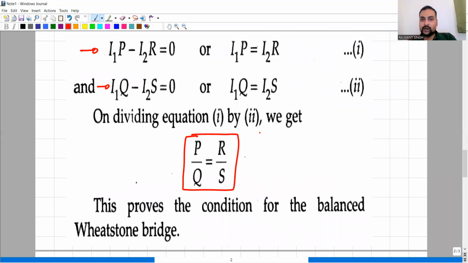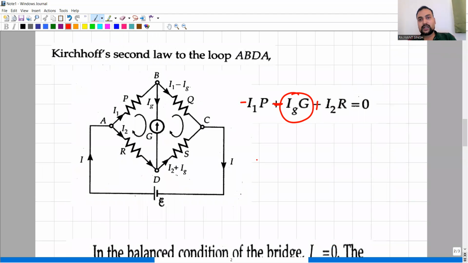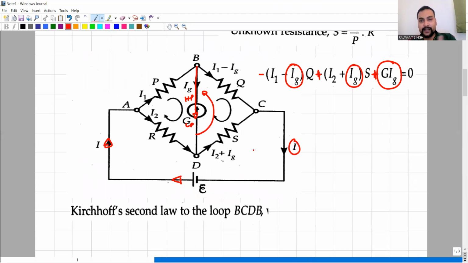Very, very important topic, and most questions that you are going to get on the Wheatstone bridge are either to find out whether the bridge is balanced or not balanced, or it is already given that the bridge is balanced. That means the potentials of these two points are the same.